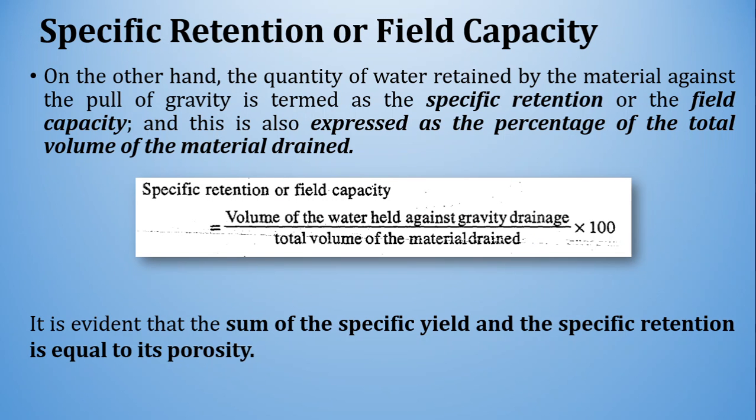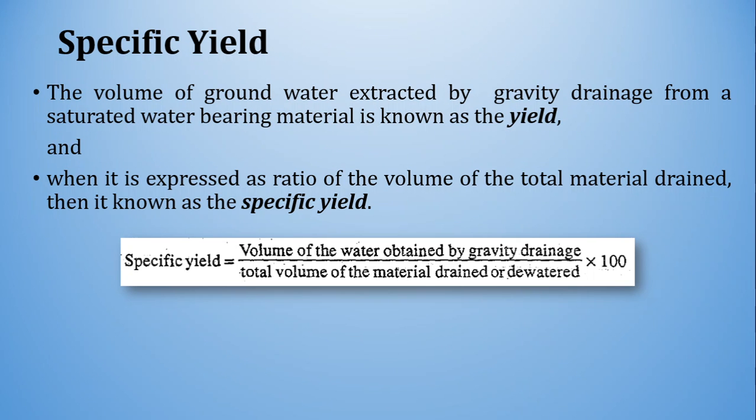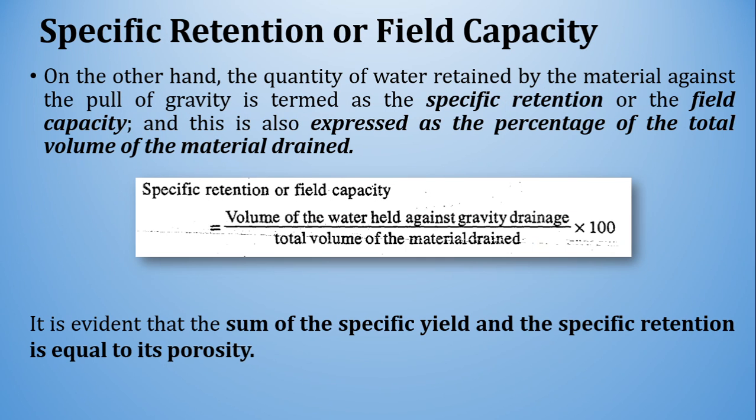Now the specific retention or field capacity is exactly the reverse of the specific yield. So let us see specific retention or field capacity. On the other hand, the quantity of water retained by the material against the pull of gravity is termed the specific retention or the field capacity, and this is also expressed as a percentage of the volume of the material drained.